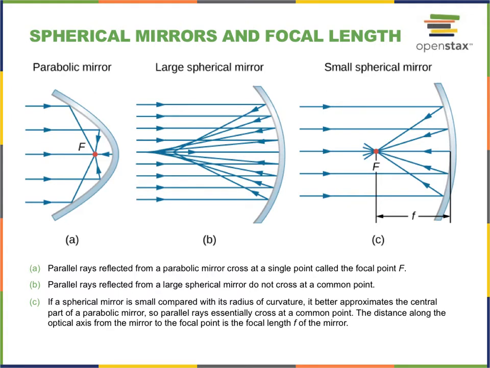Now, in this picture, they show three possibilities. A parabolic mirror reflects the light very nicely to a common focal point. And again, so here's the focal point, and then the distance from here to the mirror would be the focal length.